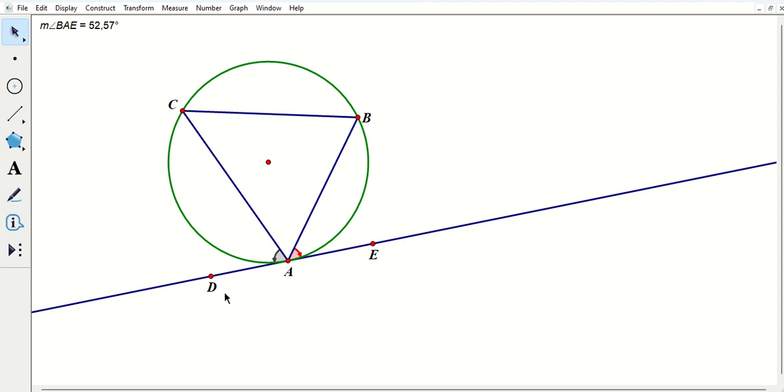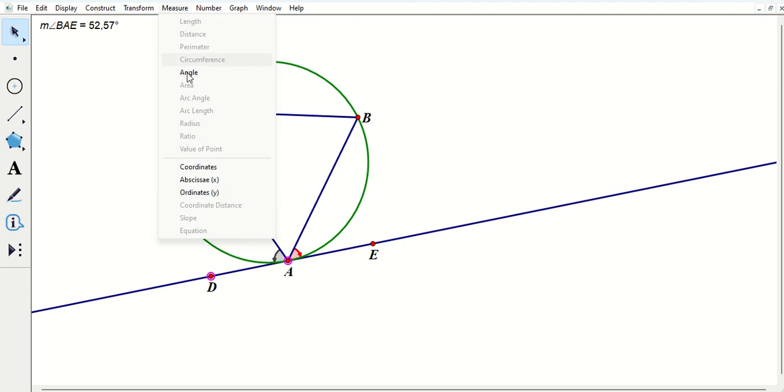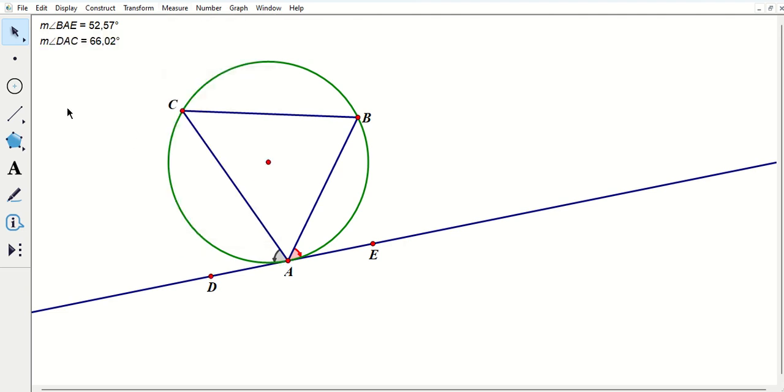And the next angle I will measure is DAC. Let's measure. And this angle, the gray angle, is 66.02 degrees, and I can shift it here. And I have two other angles which are inside the triangle here.